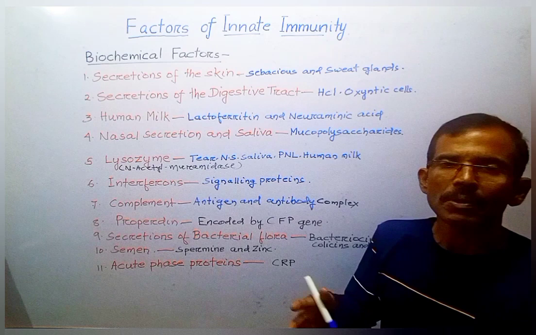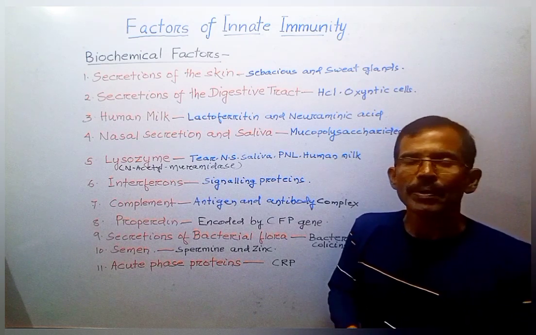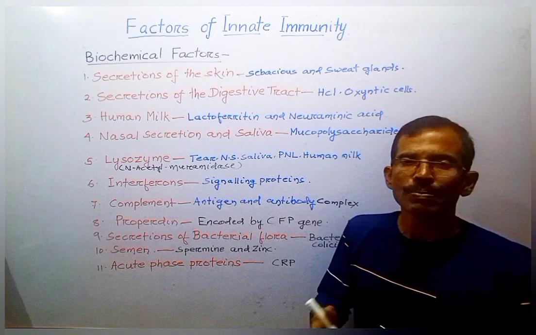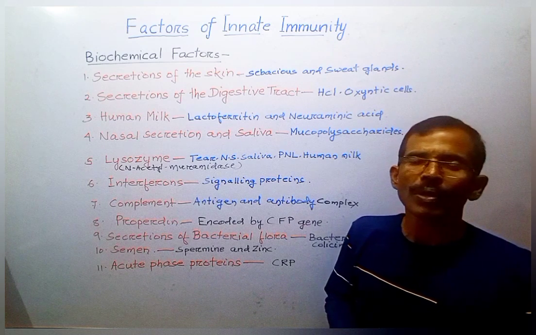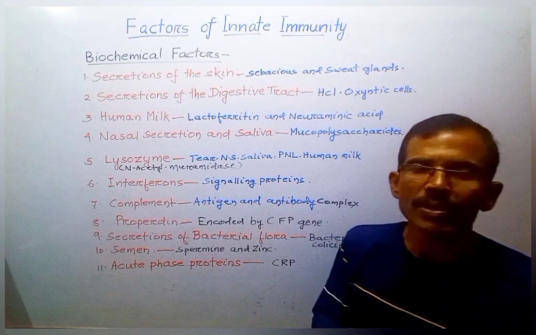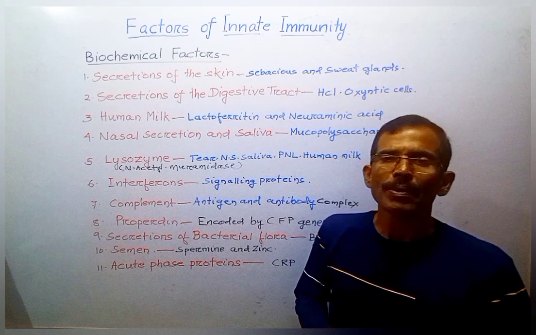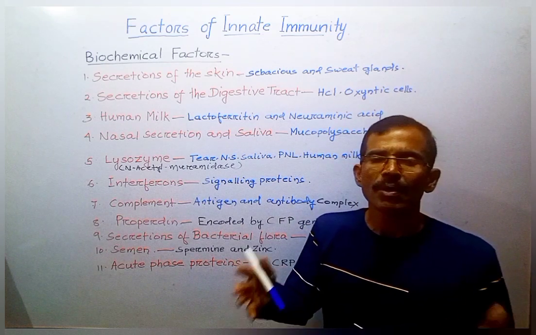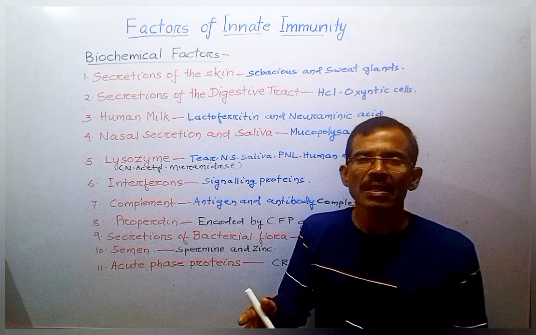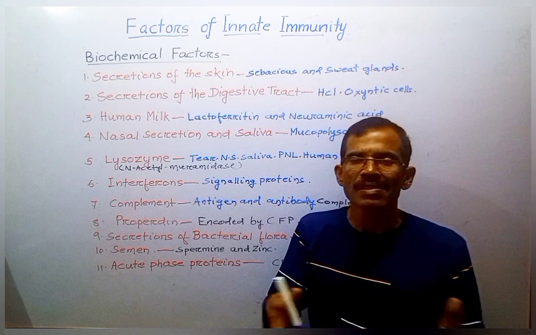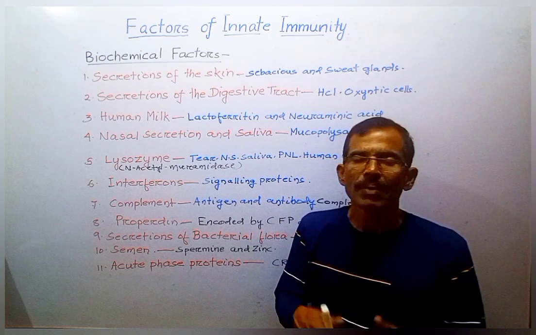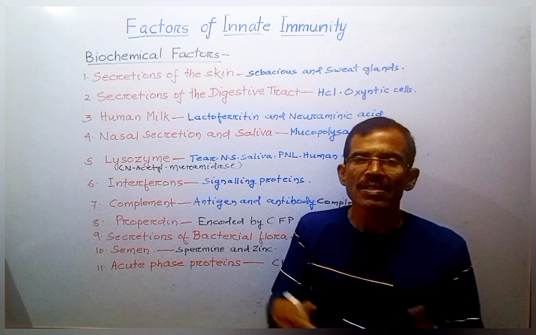Lysozyme breaks down peptidoglycan. Peptidoglycan, also known as murein, is a major component of the gram-positive bacterial cell wall. By breaking down peptidoglycan, lysozyme compromises the integrity of the bacterial cell wall. As a result, bacteria are lysed.